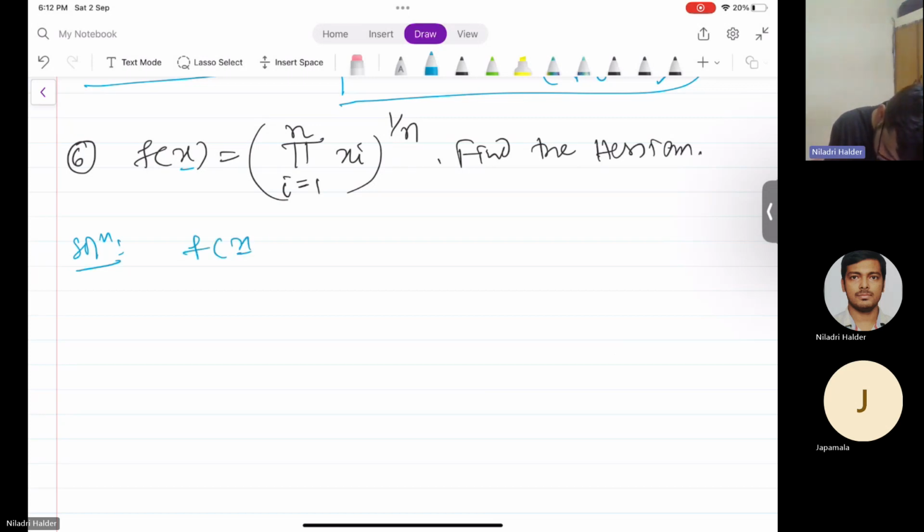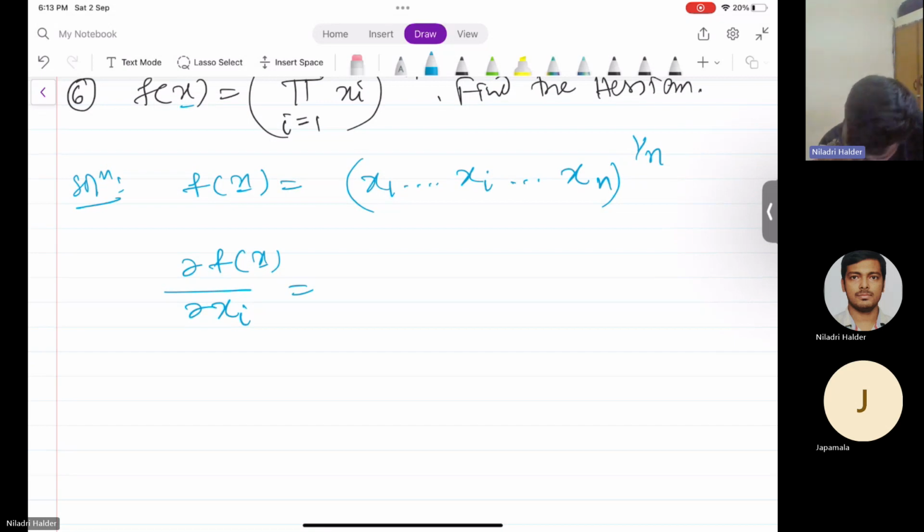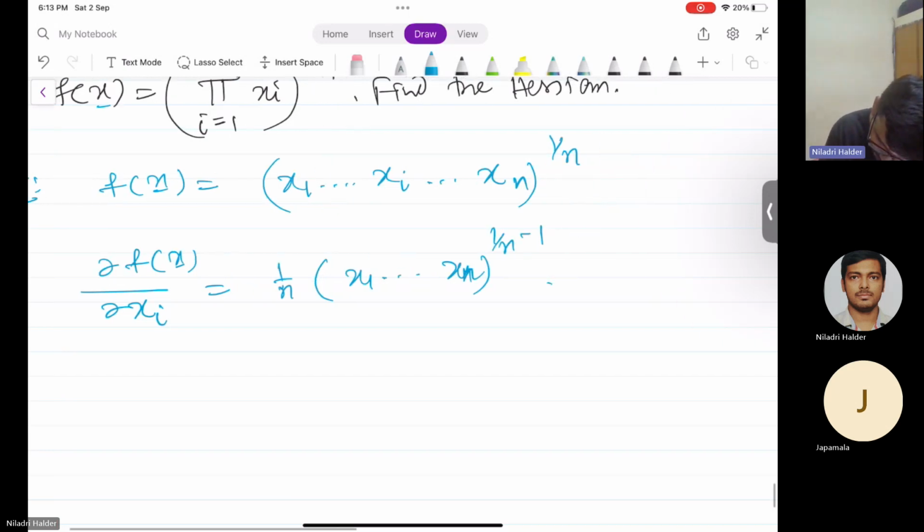So f(x) equals (x1 ... xi ... xn) power 1 by n. Now del f by del xi, let us find out. That is 1 by n, then this (x1 ... xn) power 1 by n minus 1, and then the product of x1 to xn except xi.